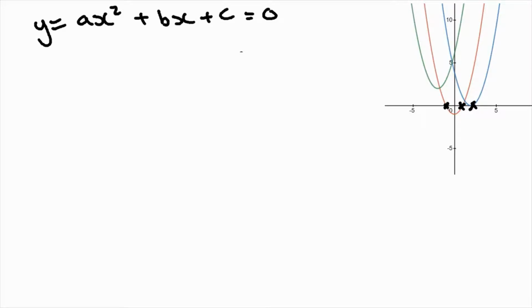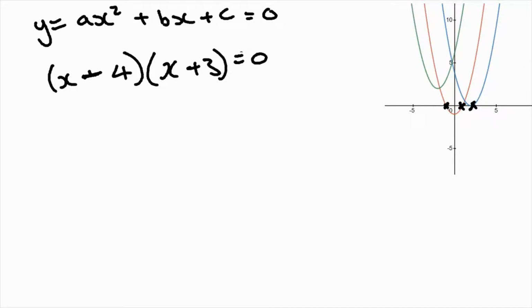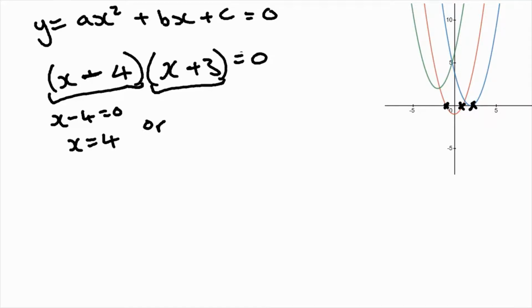Now, what we can see is algebraically, when we have something like x minus 4, x plus 3 equals 0, the solution or root is when one of these brackets equals 0. So either x minus 4 equals 0, which means x equals 4, or x plus 3 equals 0, so x equals minus 3.